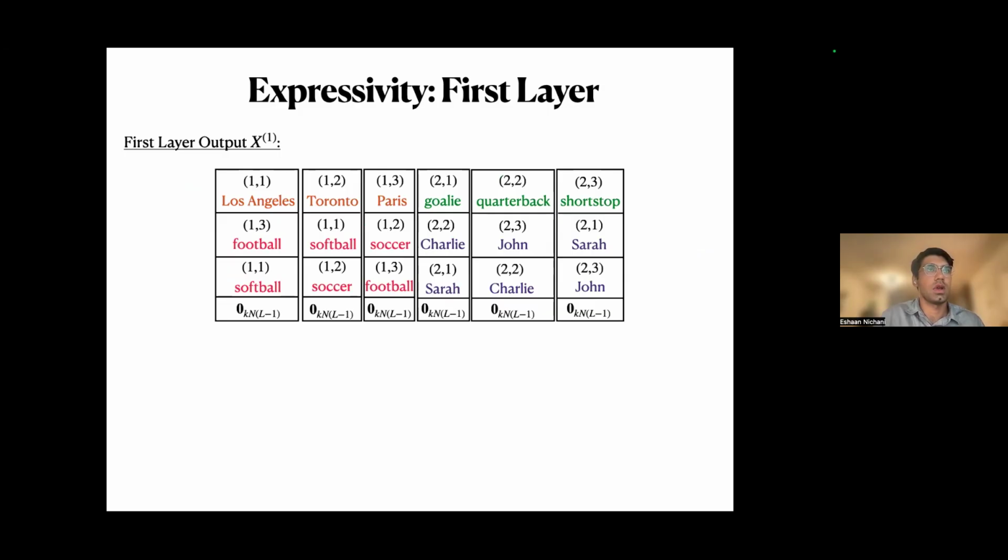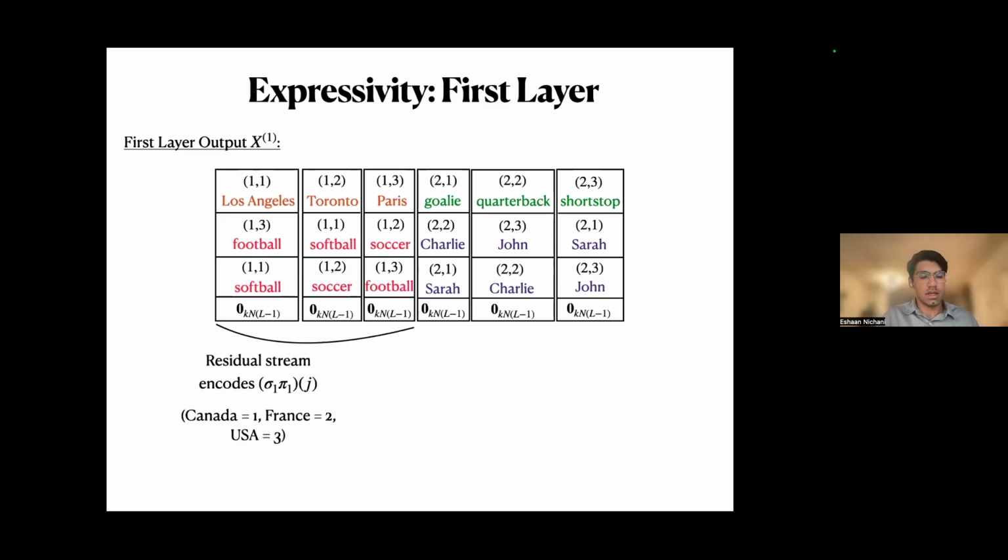So the embeddings of the first layer will encode the following. Let's look at the residual stream corresponding to the tokens in σ_1. These will encode σ_1(π_1(j)) for all the different j.